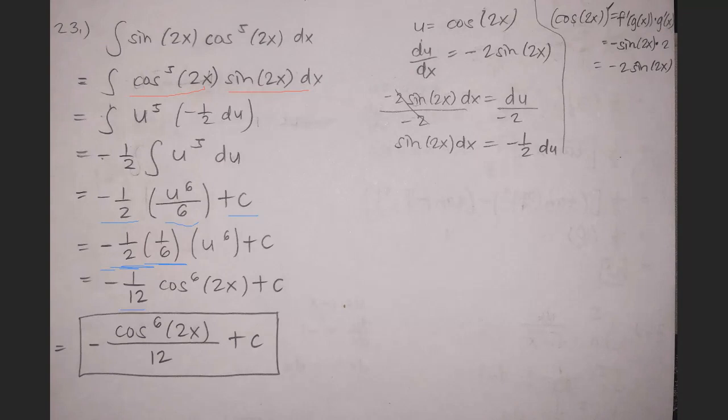And in this step, I just substituted cosine 2x back into u to the sixth power, and then this is the final answer I got: negative cosine 2x to the sixth power over 12 plus c.